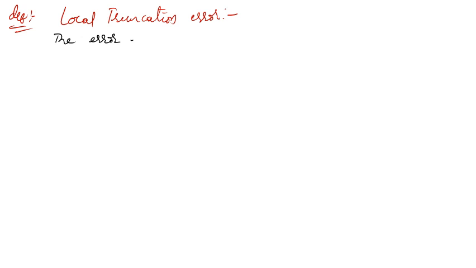Next definition: local truncation error. The definition is the error in an approximation.